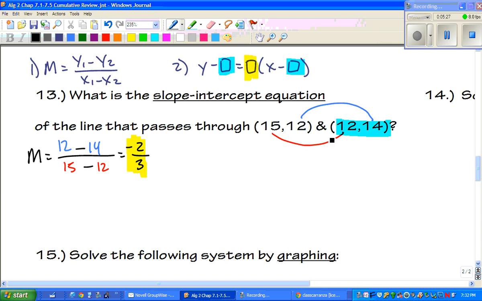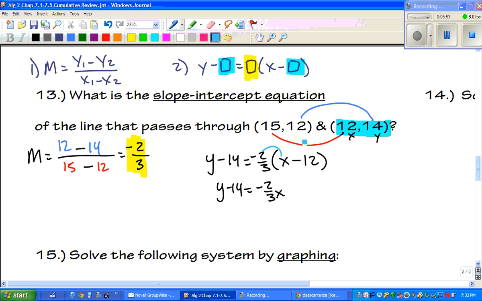Okay? So the second part of the equation, y minus the y, which is 14, equals -2/3 times x minus 12. Okay, so the y minus 14 stays the same. You need to distribute, and so you get -2/3 x, and then we have to distribute again. So off to the side, you're doing -2/3 times -12/1.